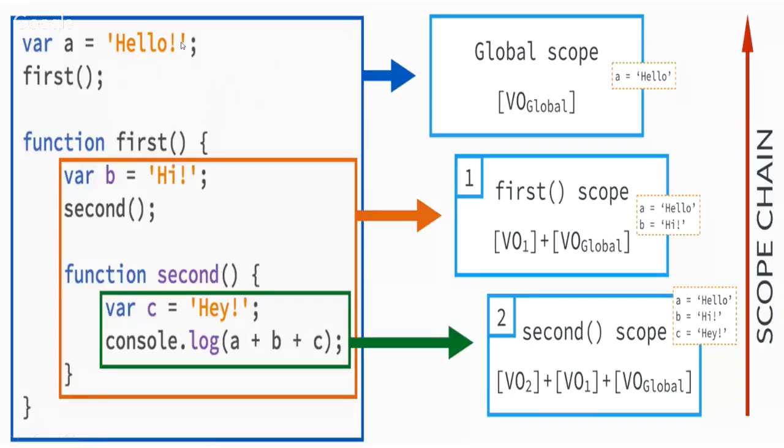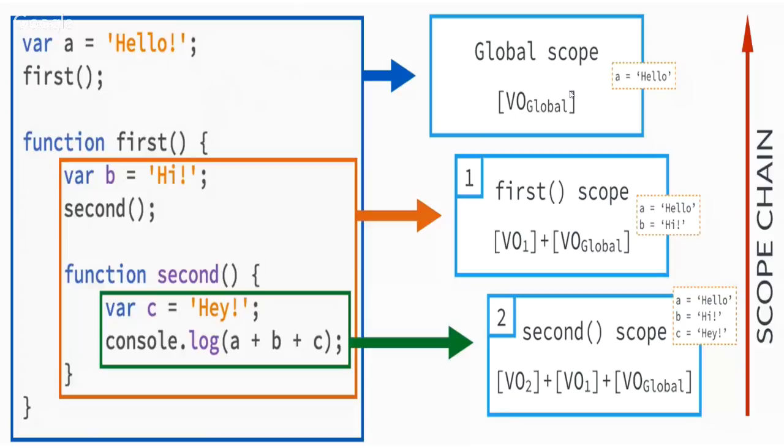The a variable is not inside a function, which means that it is set as a property on the global variable object. As we already know, all the properties of the global variable object are accessible everywhere in our code. So in our example, in the global scope, we have access to the a variable here, as you can see.